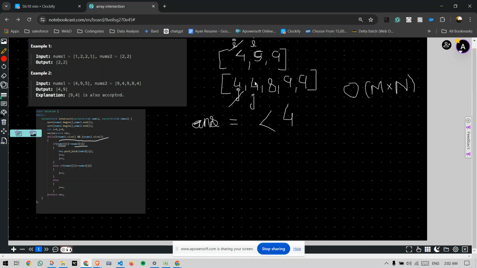Now I can clearly see that the value at j is smaller than the value at i. And these values are not equal as well. So what will I do? I will simply increase j. Clear?